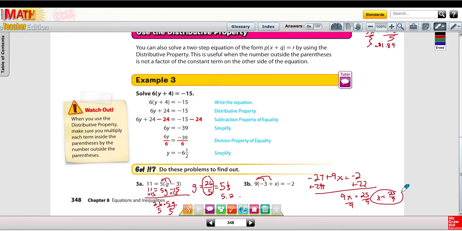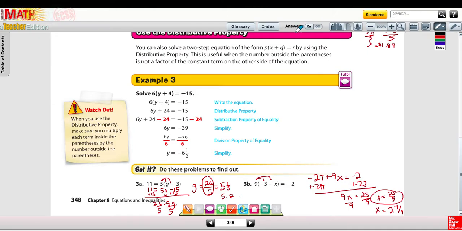Again, that's perfectly acceptable to leave it like that, but if you wanted to change it to 2 and 7/9, that's also fine. We just turn on the answers real quick to make sure, and we have correct answers. Okay, on page 348, that was the last of the got it problems.